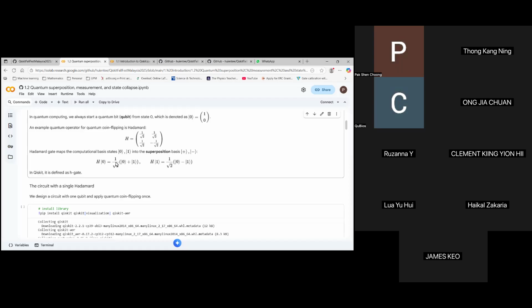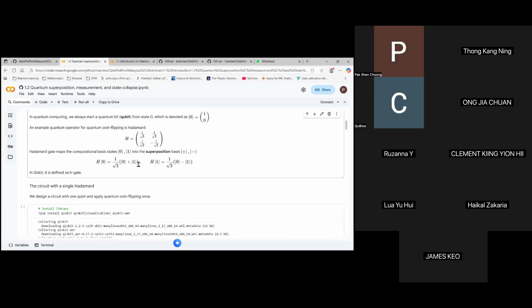So you can see that what this means is that this qubit, with the H operator applied, is now in the state of 0 and 1. 0 and 1 means that you can't think of the qubit state now as just one face of the coin, or just one bit.